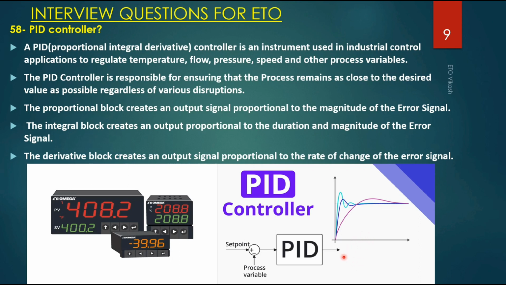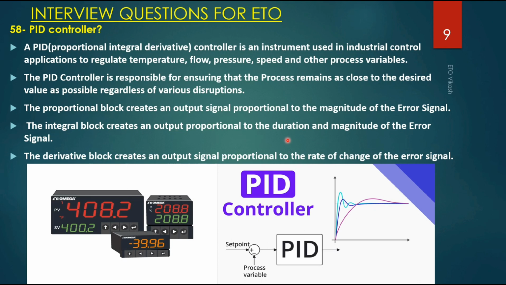If any variation happens in temperature, it will sense it and give the process value, and similarly for any difference the PID will again give a signal accordingly. So the proportional block gives the same amount of signal as the error, to compensate that error.